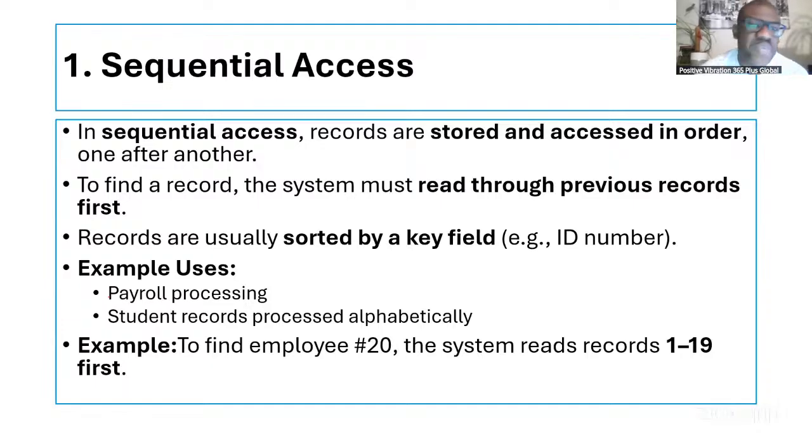Now, this is beyond your curriculum, but you could realize that this method of accessing files can be very long, right? Let's say you had 2 million persons' records stored in a computer, and Jade's number is 1,576,000. Can you just imagine how many records that system is going through before it finds Jade?